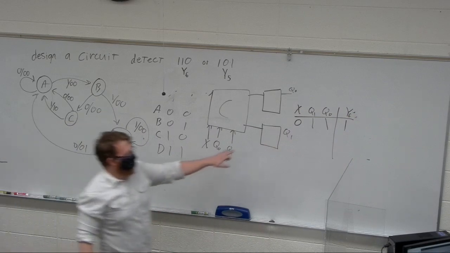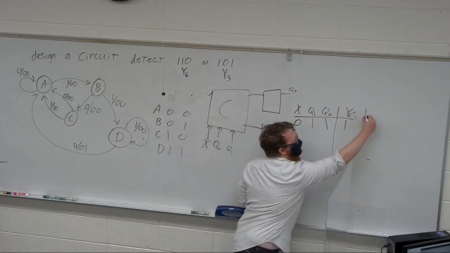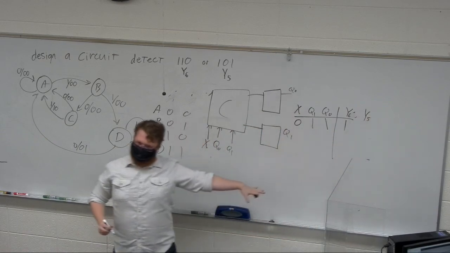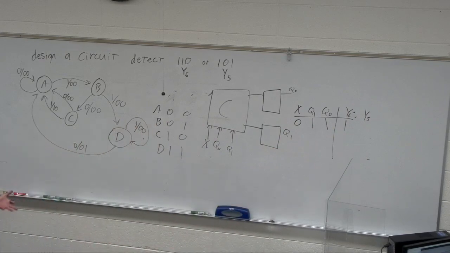Because my X is 0, I'm in this state, I want Y6. Then I have another column for Y5, and I can build out this truth table, right? And then once I've done that, I can use what tool to build a circuit? K-map. Yeah, we'll go K-map, simplify it, build out the combinational circuitry.